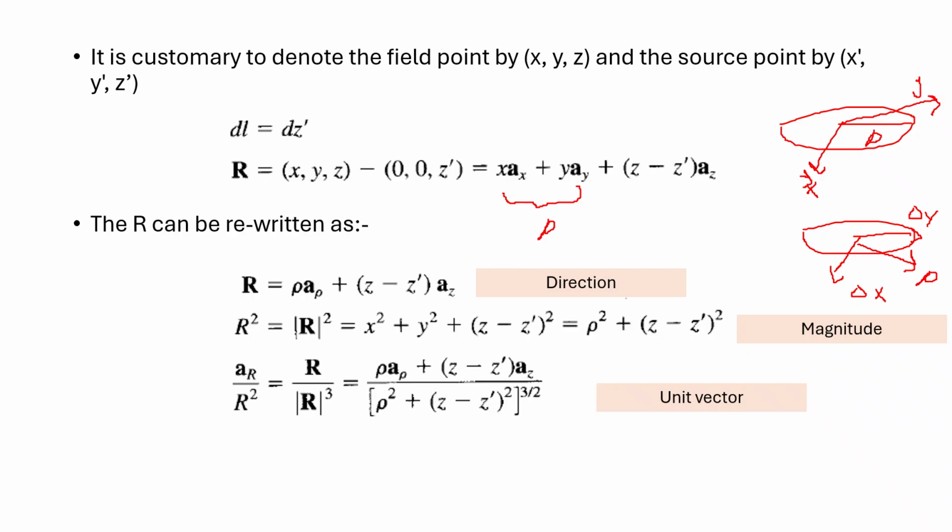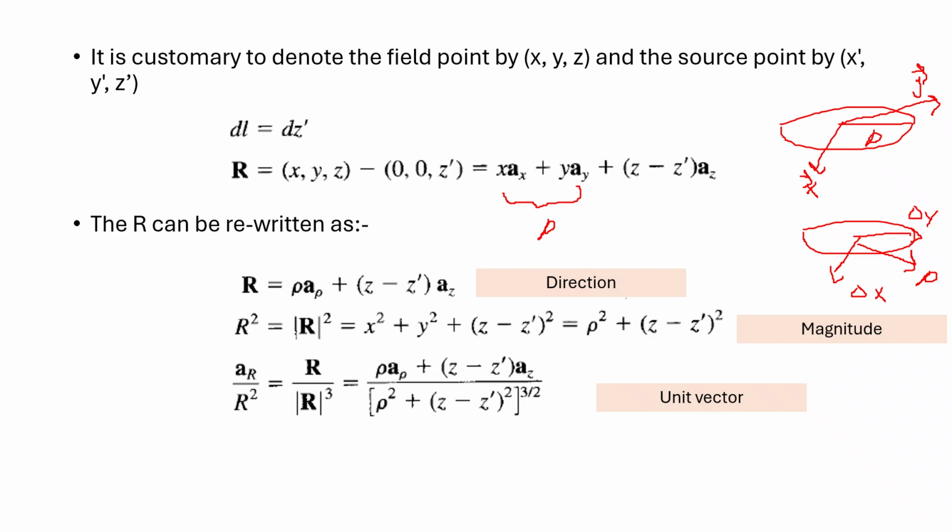That's why here we have rho. Simplifying the term, we have rho a rho, the rho vector, plus z minus z prime, z vector.